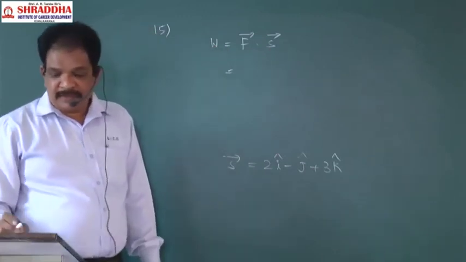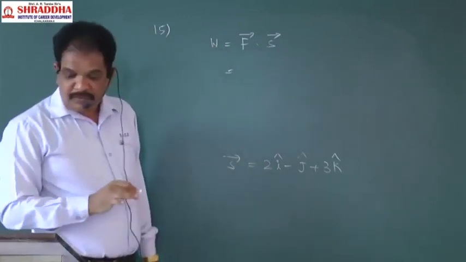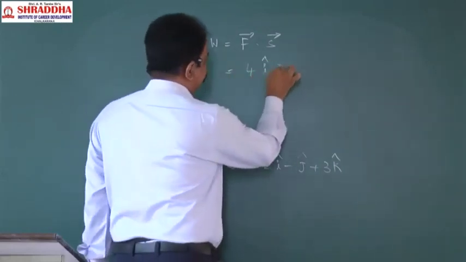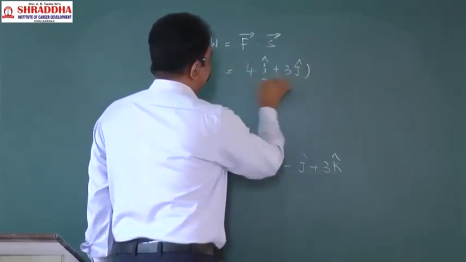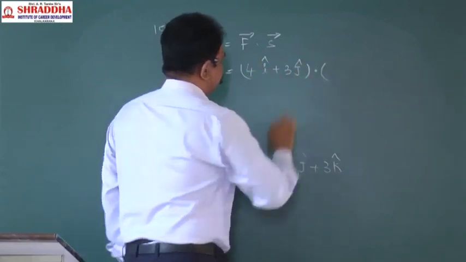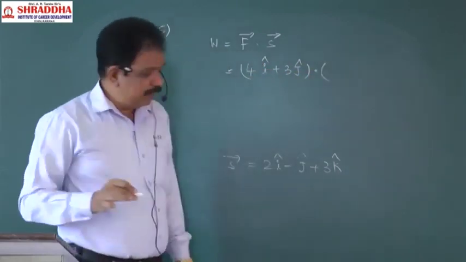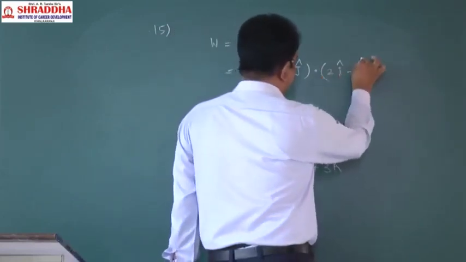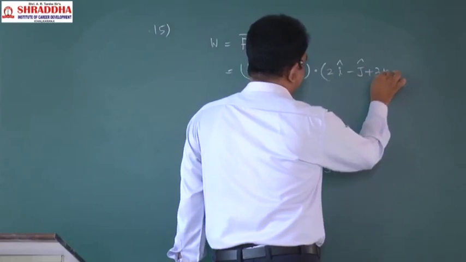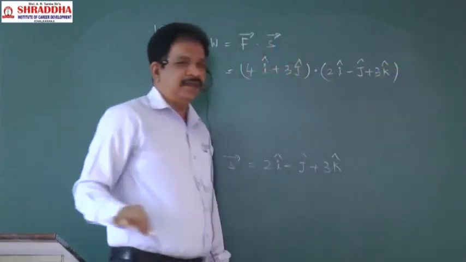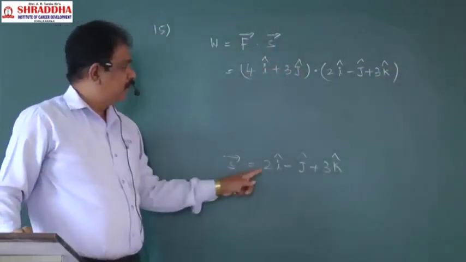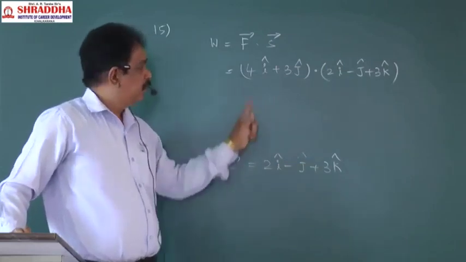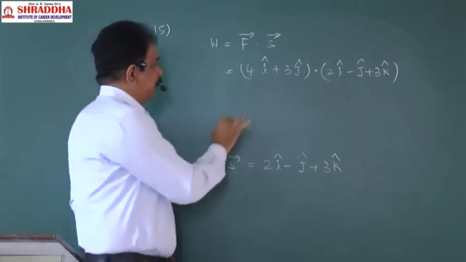So F bar is equal to 4i cap plus 3j cap dot, this value will be 2i cap minus j cap plus 3k cap. 4 into 2, 8.